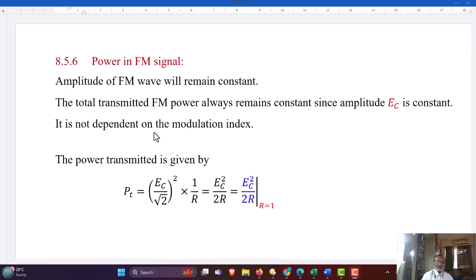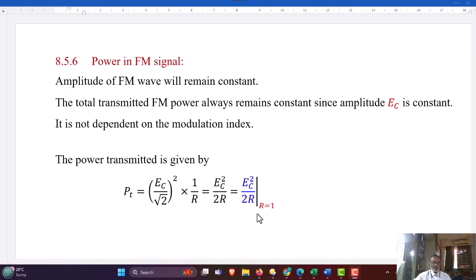We know power is nothing but V square by R. So we know the amplitude of the modulated signal, that is EC by root 2, that is the RMS value of the modulated signal voltage, square of it, EC by root 2 square into 1 by R, that is nothing but V square by R. Simplify it, you are getting it.